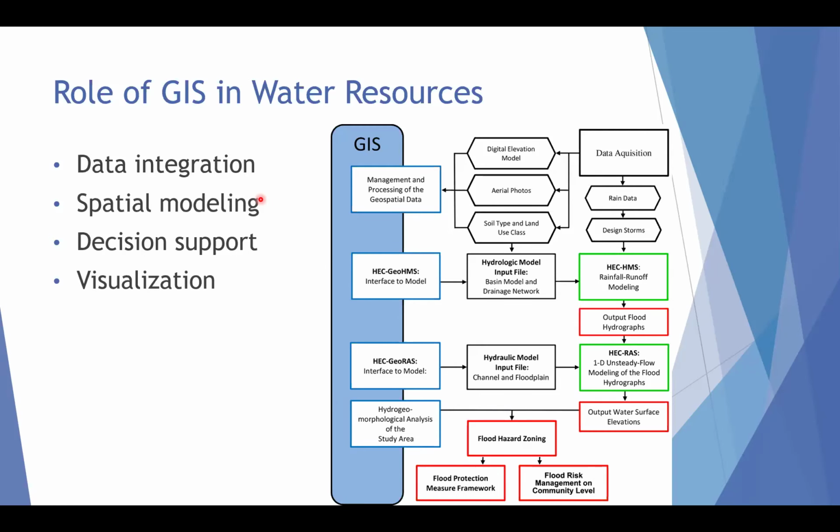So GIS can be used as a data preprocessor and also for data integration. Then spatial modeling. I want to do the analysis spatially, right? You have temporal variation and spatial variation. So when I want to do spatial modeling, I require GIS.